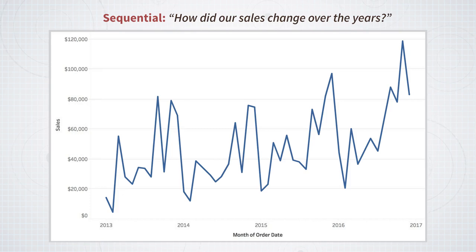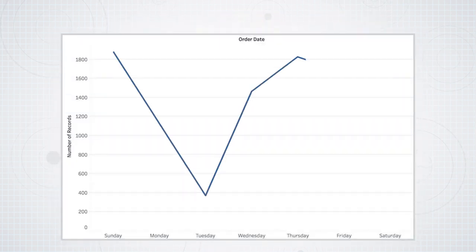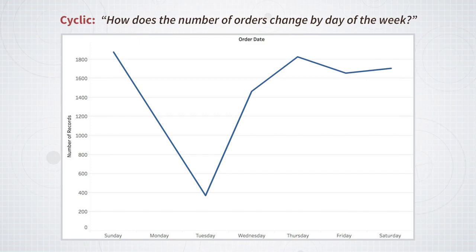But if I ask you, how does the number of orders change by the day of the week? Once again, I'm using a line chart to create a graph that answers this question. But what is interesting here is that every data point in this graph represents a value that belongs to a specific day in the week.